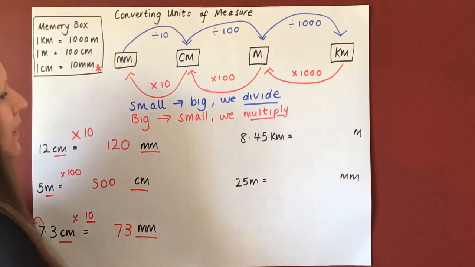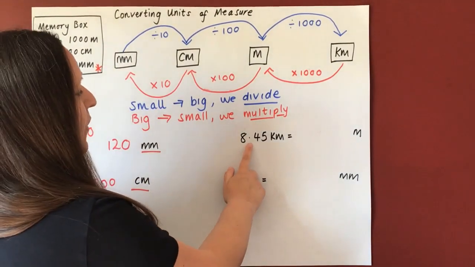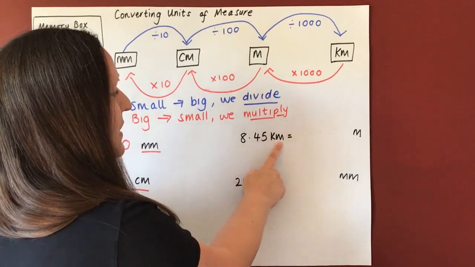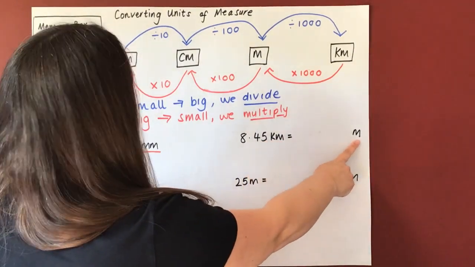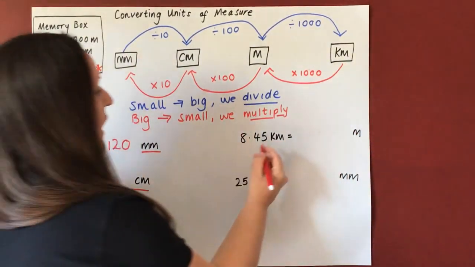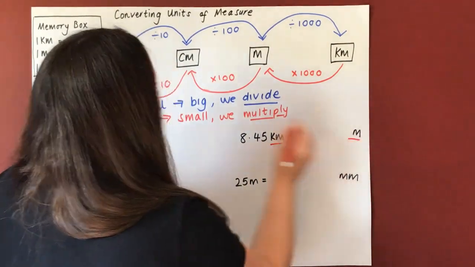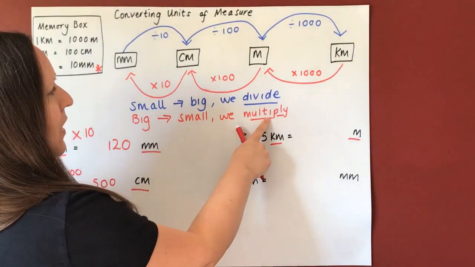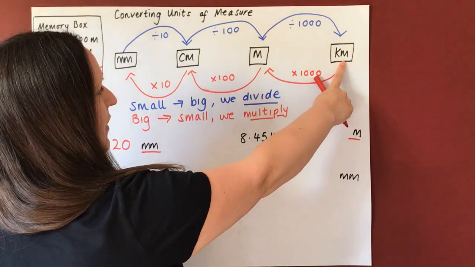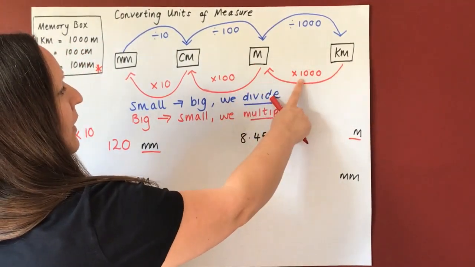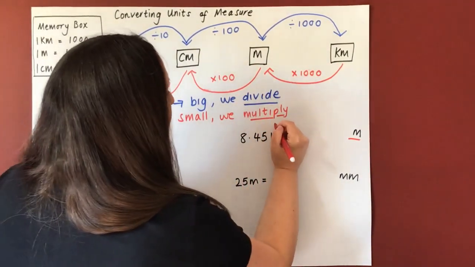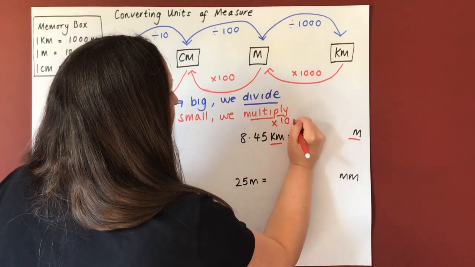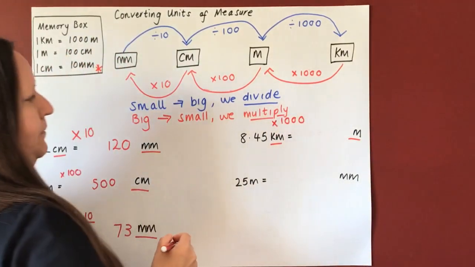Next one, we have 8.45 kilometres, and we need to convert to metres. We're going from big to small. We multiply, starting with kilometres, we need to go to metres, we need to times by 1,000. So I will times by 1,000 here.